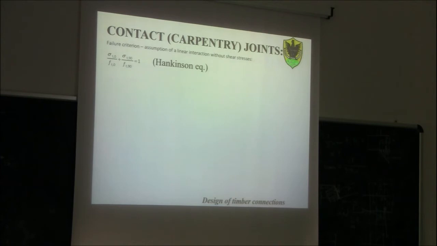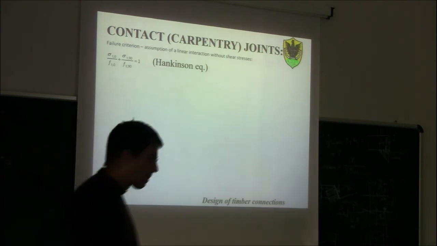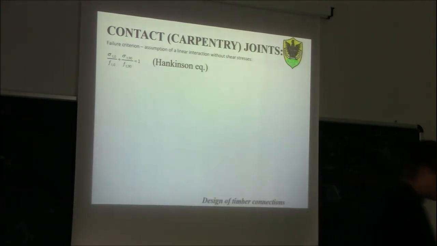This is more or less, if you want, like what we were doing in reinforced concrete design when we were going to draw the M-N interaction curve. In this case, we have not an M-N interaction curve, we have a sigma T0, sigma T90 interaction curve.